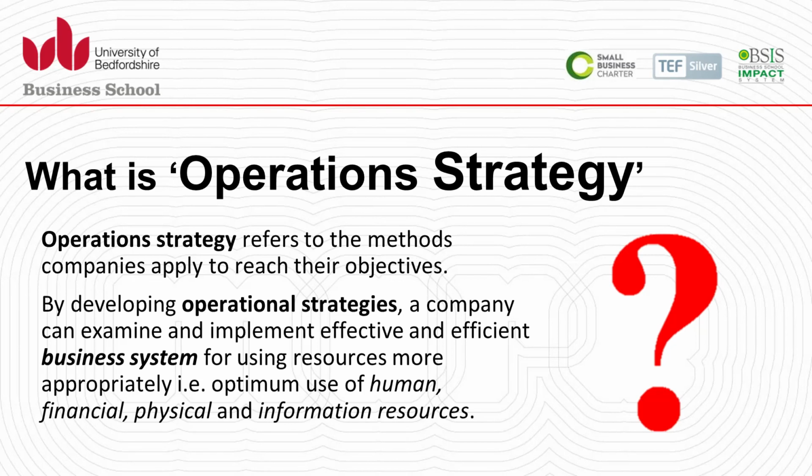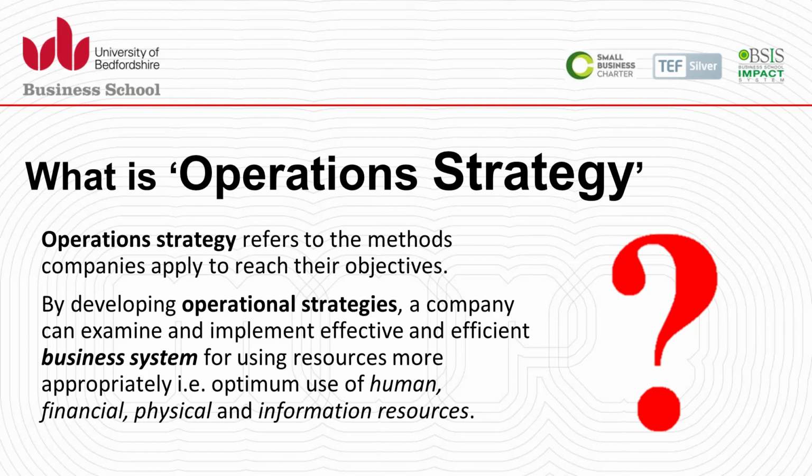However, by developing operational strategies, any company can examine and implement an effective and efficient business system for using resources more appropriately. As we discussed in the first lecture, organizations need to make optimum use of their resources.